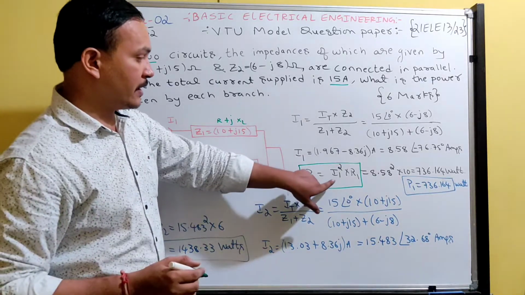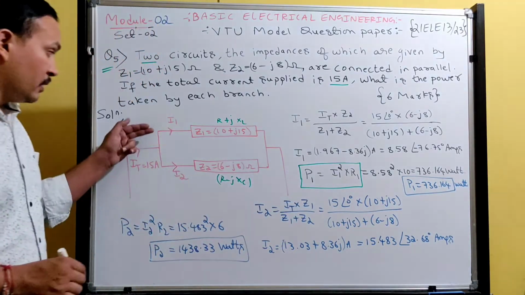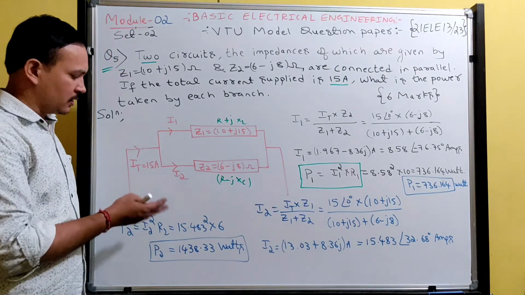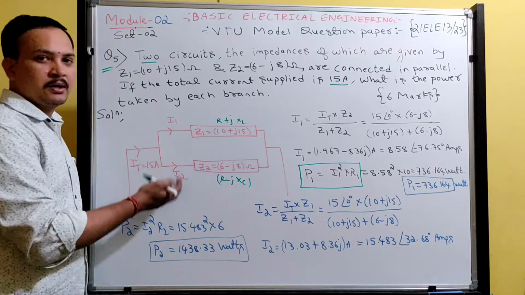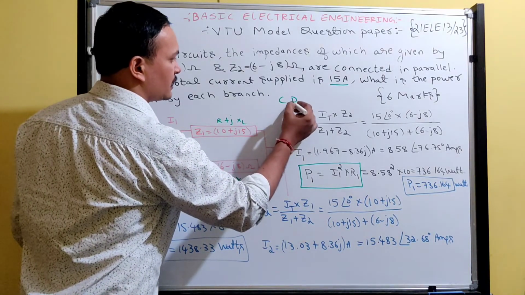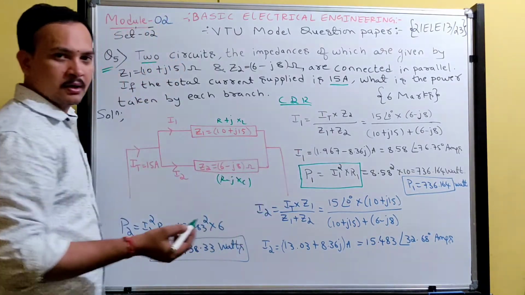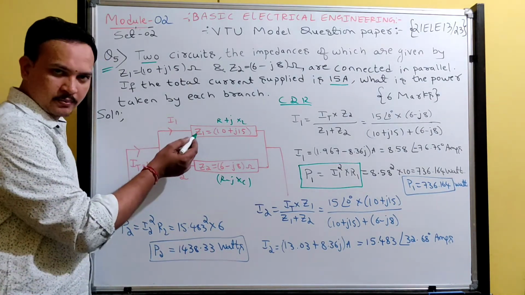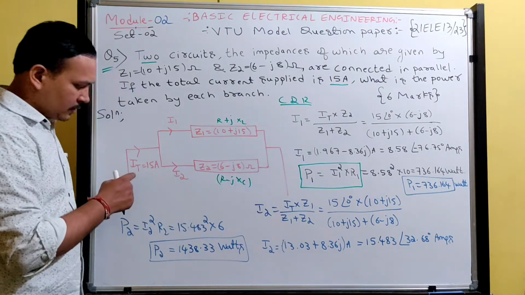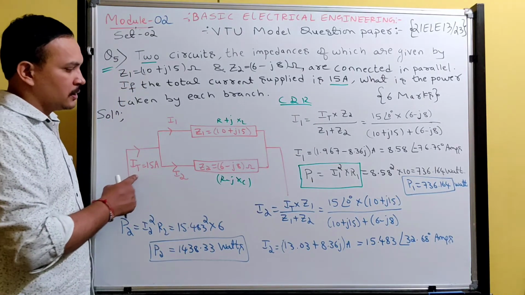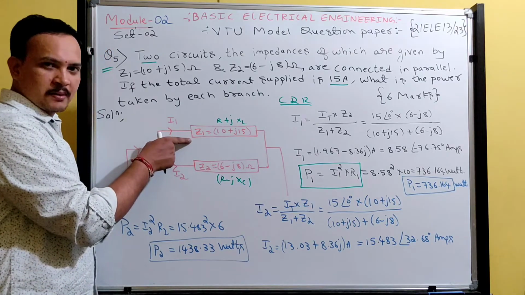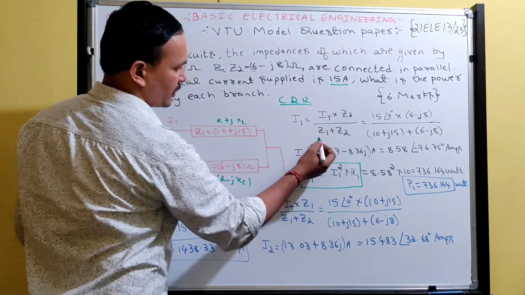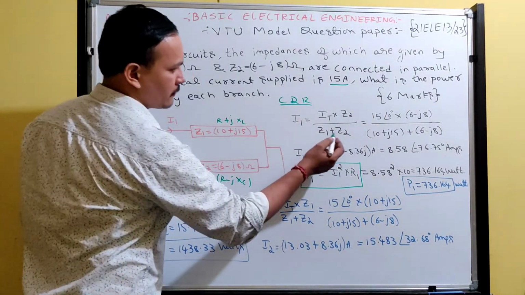Now here I want to find the current in the first branch. These two are connected in parallel. If I know the supply current, apply the current division rule. Apply CDR and then find the current in each branch. So the current flowing in the first branch is equal to the supply current, that is total current, into, if you are finding current in this impedance, you take the other impedance in the numerator: IT into Z2 divided by the sum of the impedances, Z1 plus Z2.